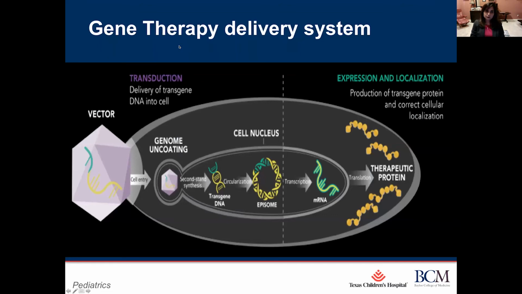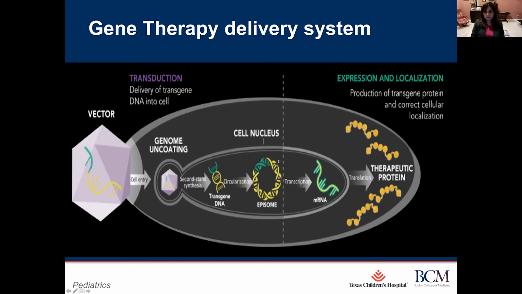So how do we deliver the gene into our body? We use the viral vector, we inject it into the body IV, and then it enters our system and targets the muscle fiber. Once it enters the muscle fiber, it waits to enter the nucleus. In the nucleus, the transgene is released from the vector, and it does not incorporate into the patient's genome.